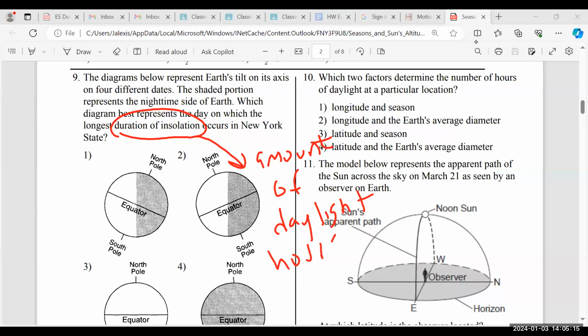The amount of daylight hours that occurs in New York State. The longest duration of insolation, they're going to be talking about the longest amount of daylight hours then. So if I'm in New York State, the longest amount of daylight hours I get is during the first day of summer. Okay?